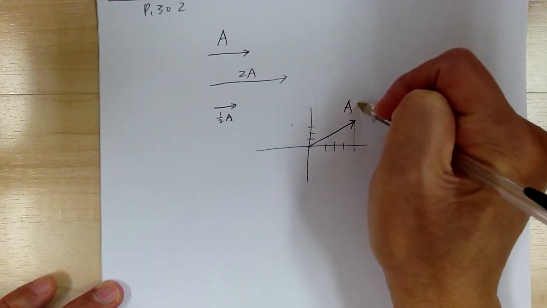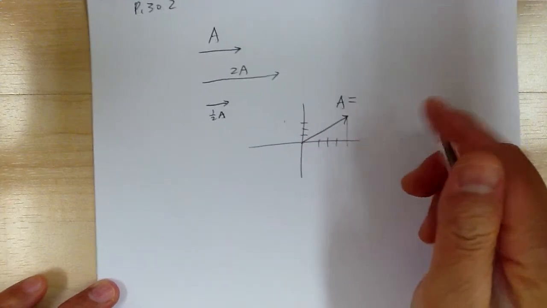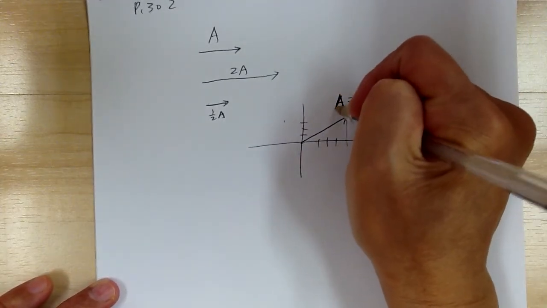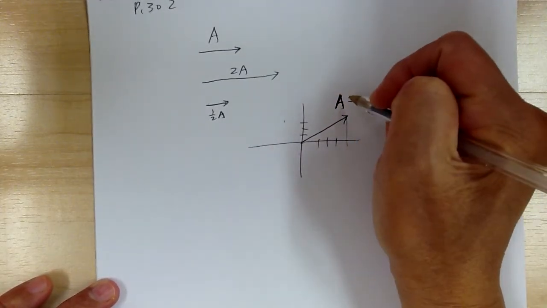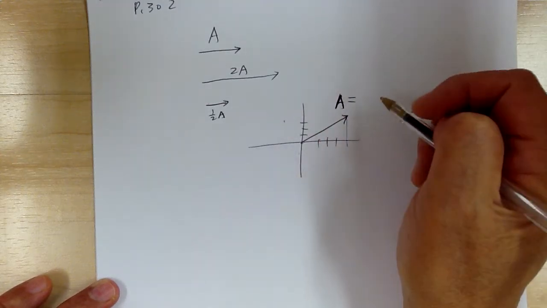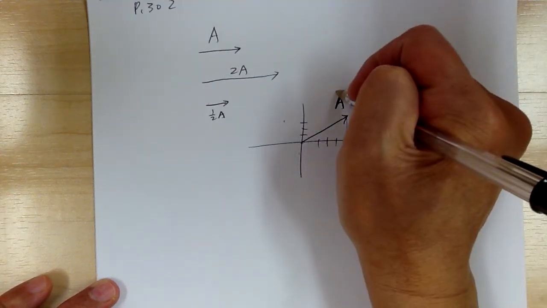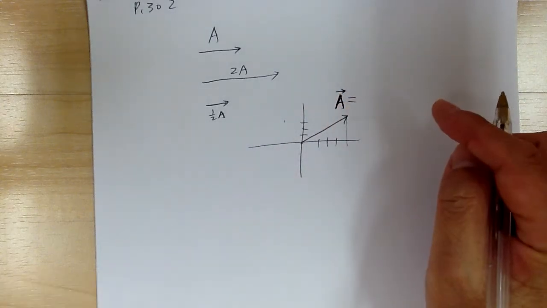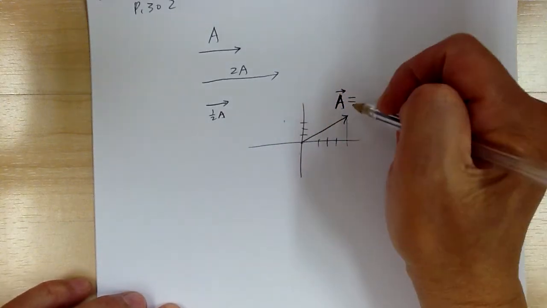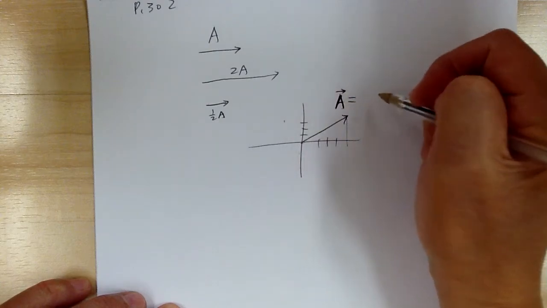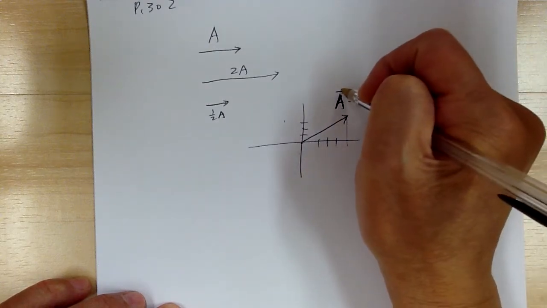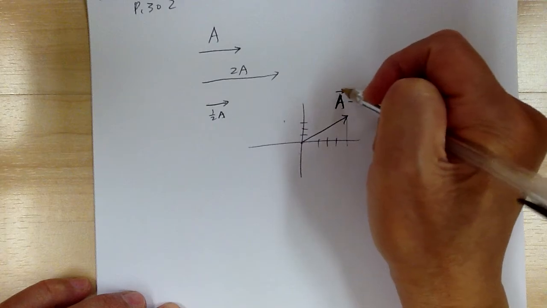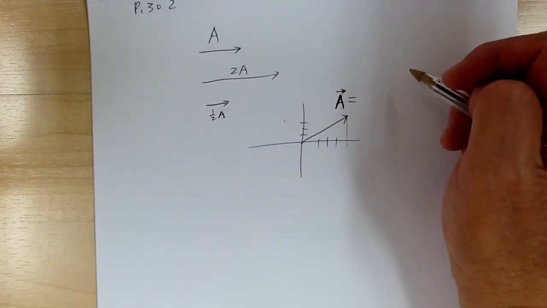Let's call it vector A. Now you use a boldface type to indicate the vector, or sometimes it's very hard to see with a pen or pencil, so you want to put a little arrow up here to indicate it's a vector A. In the book they just use a bold type letter. For us, we probably want to put a little arrow on the top to indicate it's a vector.